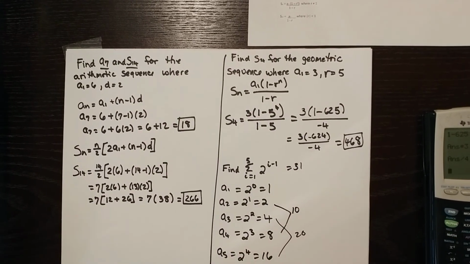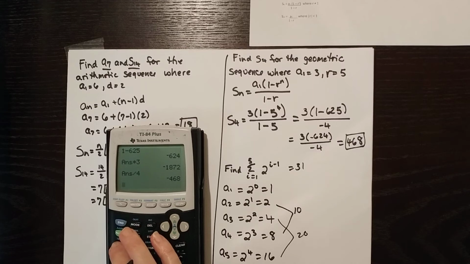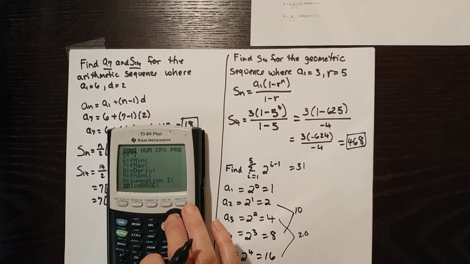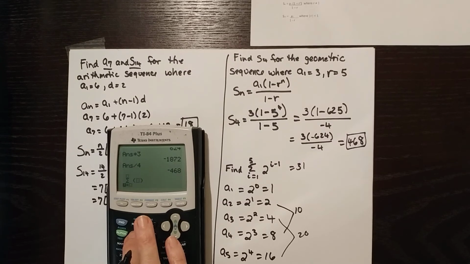Okay? Another way you could do it is with your calculator. So let's do this. Hit your math button, and underneath your math button there is the summation button. Now I have a TI-84 Plus. If you've got a different calculator, I have no idea where your summation button is. I'm sorry, this is the only one I can help you with. There is your variable button.